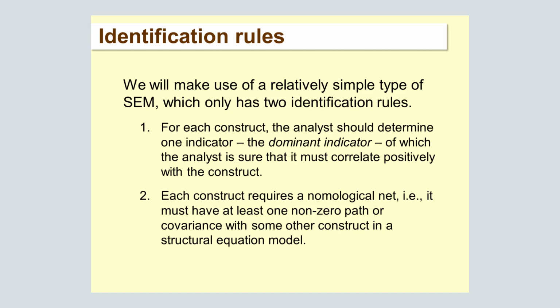These two rules are, firstly, that for each construct the analyst should determine one indicator, the so-called dominant indicator, of which the analyst is sure that it must correlate positively with the construct. Secondly, each construct requires a nomological net. That means it must have at least one non-zero path or covariance with some other construct in a structural equation model. So we see that had we followed the second identification rule, we wouldn't have entered the identification problem that we saw before.